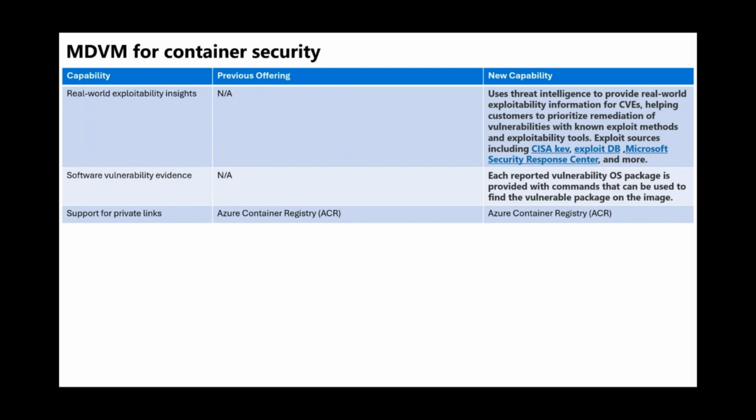We're also providing software vulnerability evidence for OS packages, which come with a command that can be used to find the vulnerable package on the image. And lastly, you'll see here that we continue to support private links in ACR with Microsoft Defender Vulnerability Management.